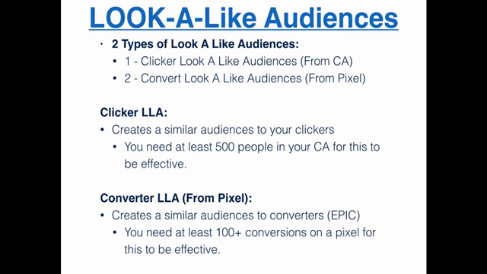So if you have 5 conversions on your ad, and you're like, oh, I'm going to go create a conversion lookalike audience, it's not going to do well, because think about all of the people on Facebook, okay? So even if you're just doing the US, you're talking about over 100 million people there, about 160, 170 million, I believe. 5 people is not enough data for them to identify across 100 million others what the biggest similarities are. So converter lookalike audiences are epic, but they're going to come later on down the road.